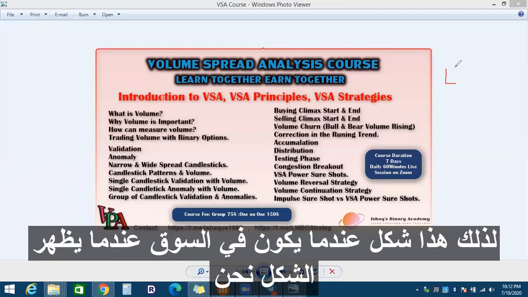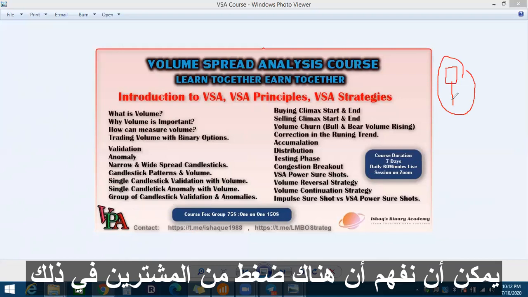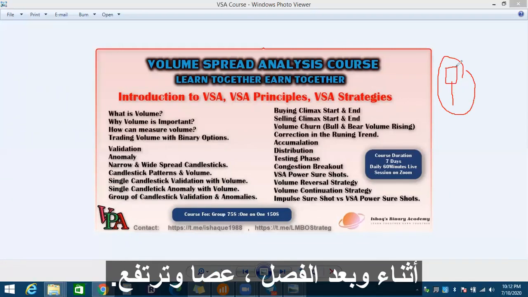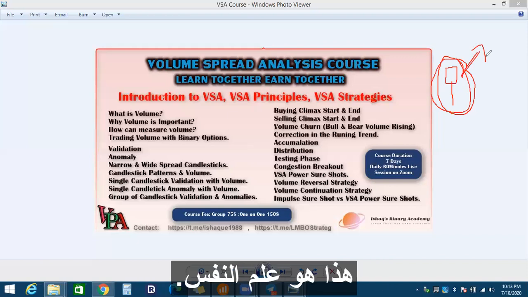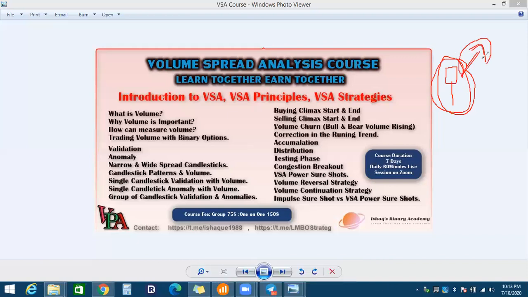So this is a shape. When this shape appears in the market, we can understand that there is pressure from the bias. If it is a green candle, then after this the next candlestick can go up. So that is the shape, and the behavior of this candle is that the next movement will be in the up direction. So that is psychology.